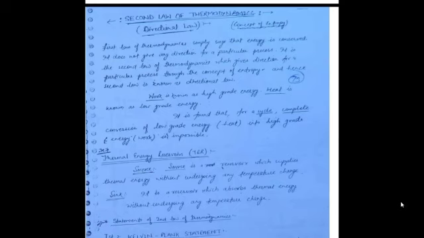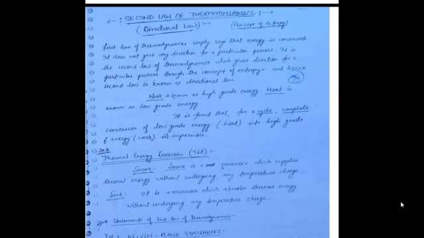For understanding this concept, first of all, we need to understand what is the drawback of first law of thermodynamics. So the first law basically states that energy is conserved.